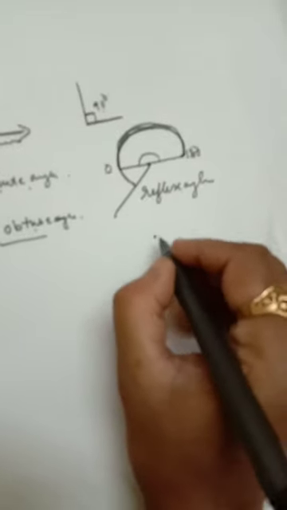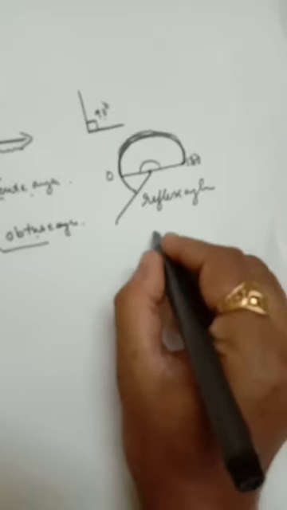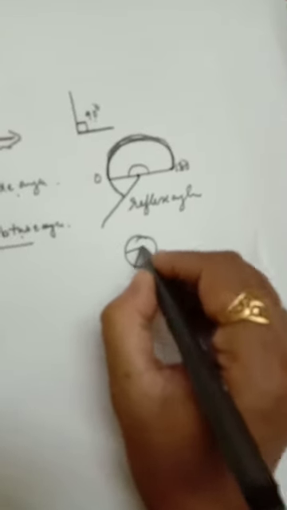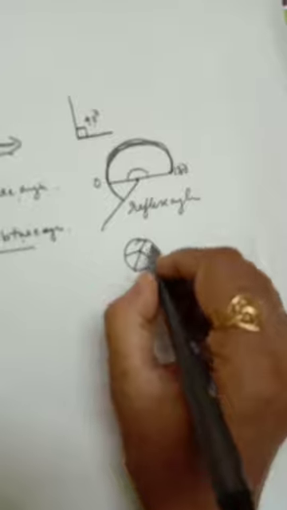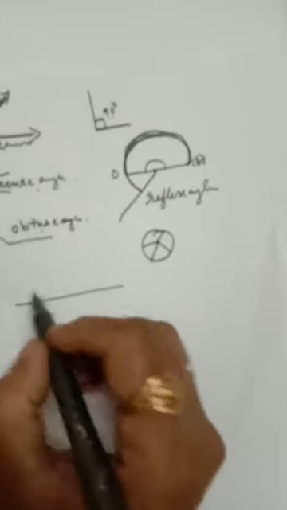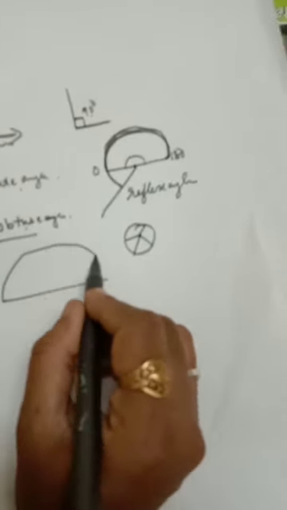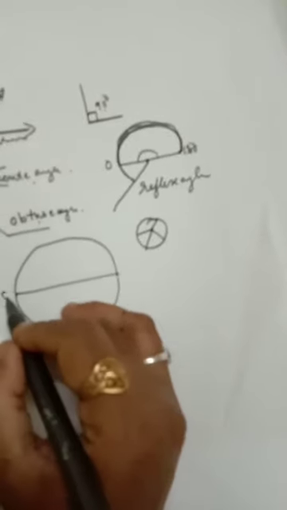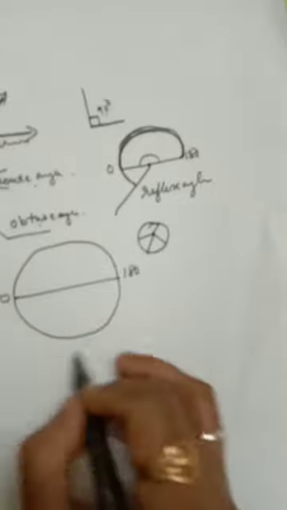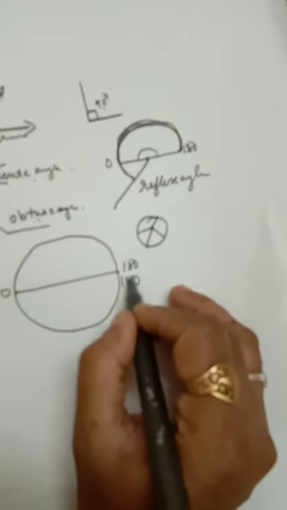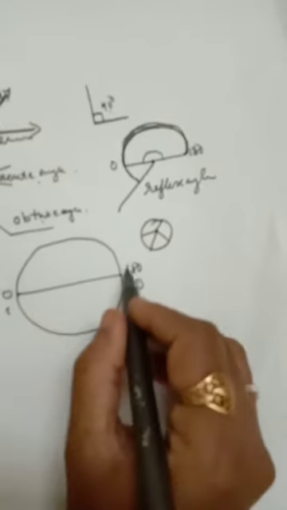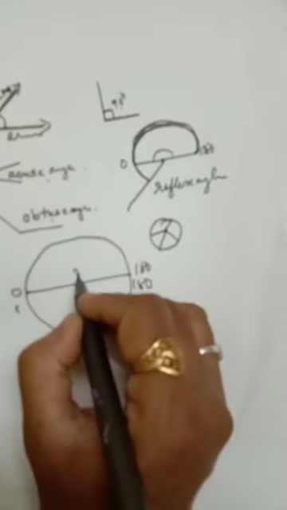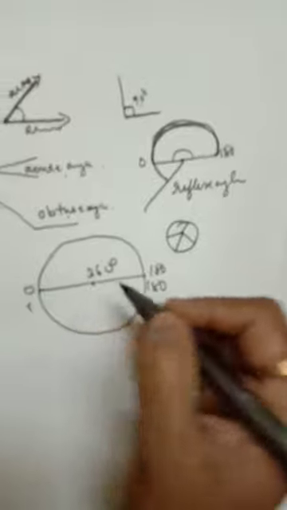And the angle around a point, just now I told, is a complete angle. Because see, a straight line, here you put one protractor, and here also you put one, then how much? Here to here also 180, 180 plus 180, here to here 180, here to here 180, total how much? 180 plus 180, 360 degrees.